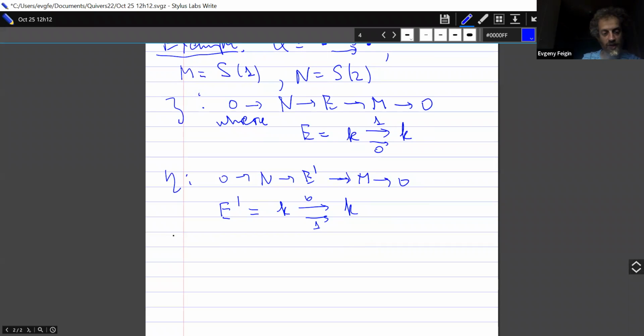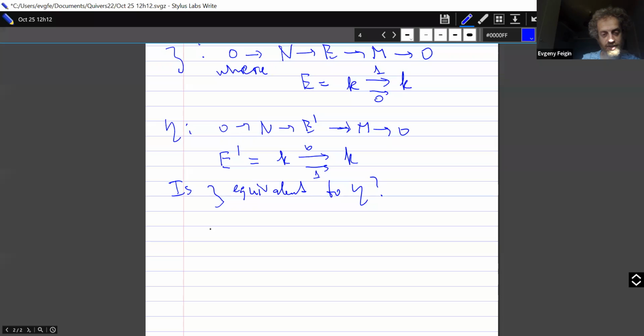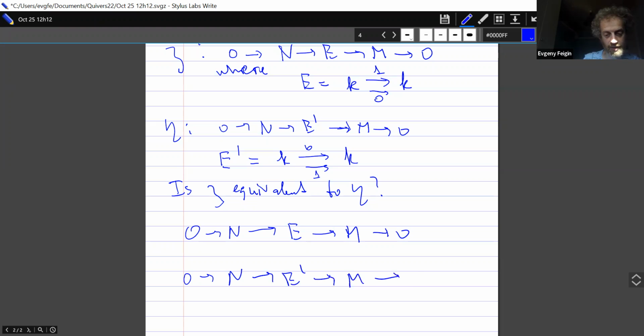So now we wonder: is psi equivalent to eta? In other words, does there exist this commutative diagram, where here we have identity maps, and here an isomorphism? So what do you think?